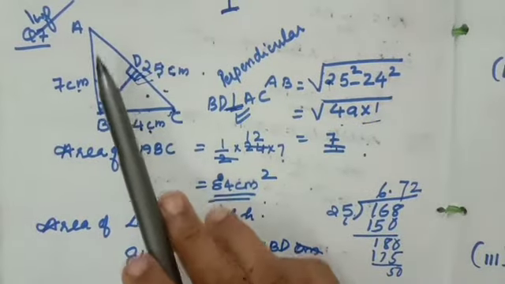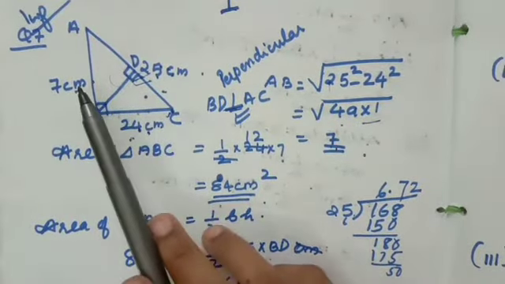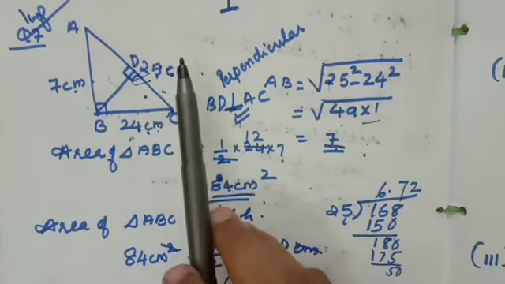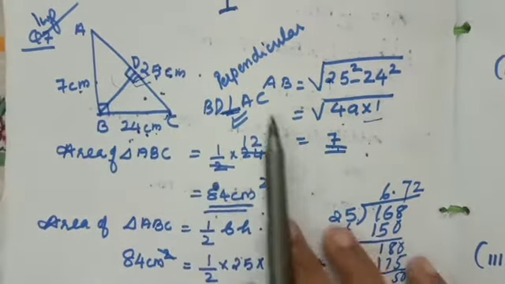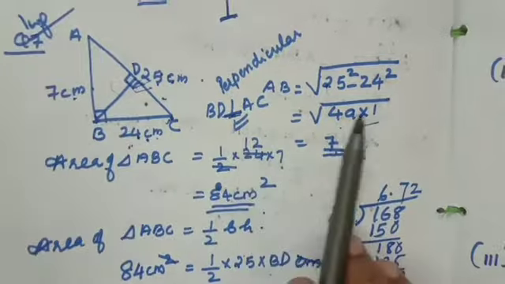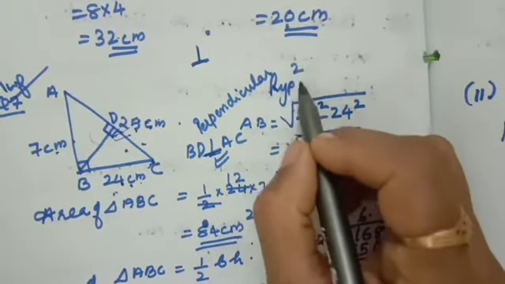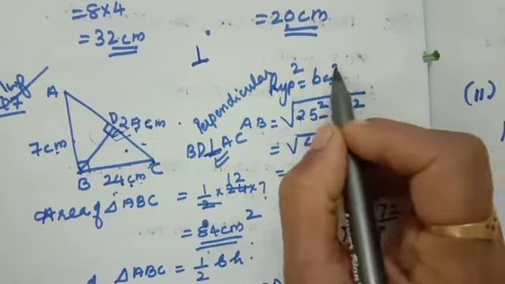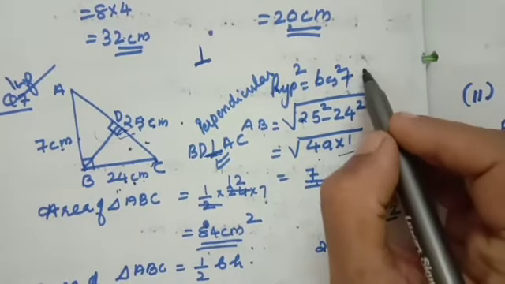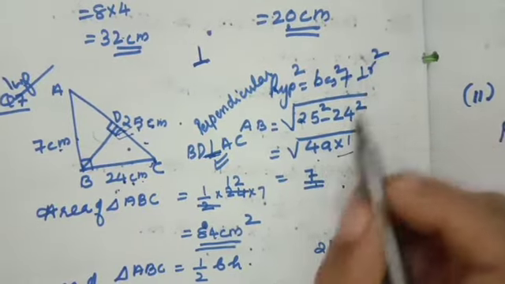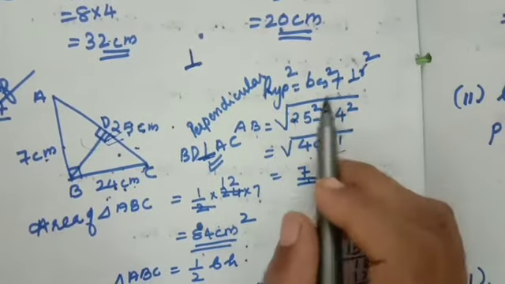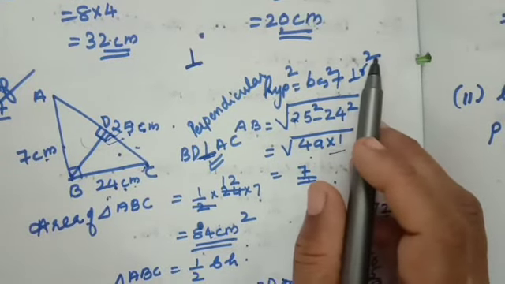Understood? In a right angled triangle, you have perpendicular, base and hypotenuse. What is the formula? Only in a right angled triangle can you use this formula: hypotenuse square equals base square plus perpendicular square.